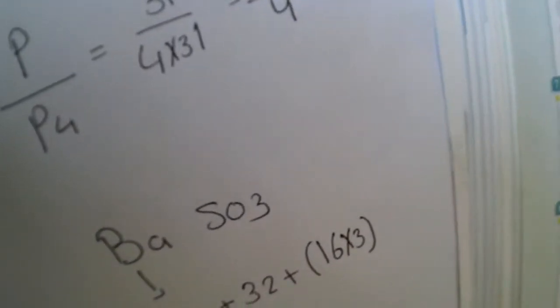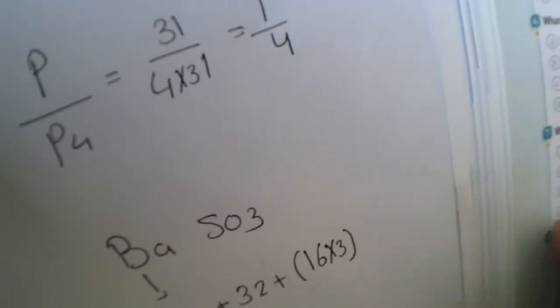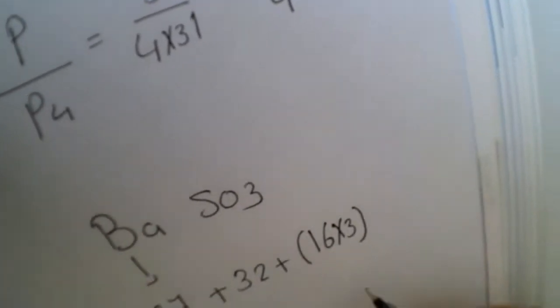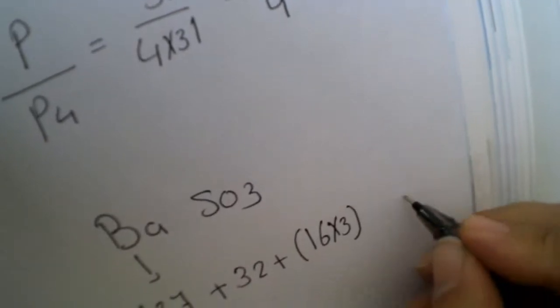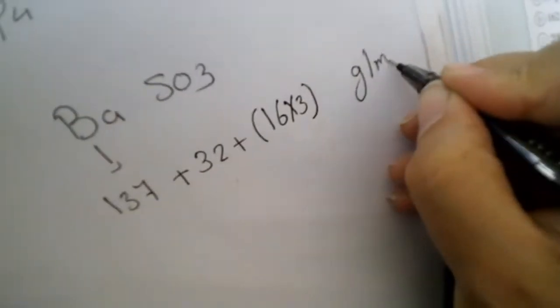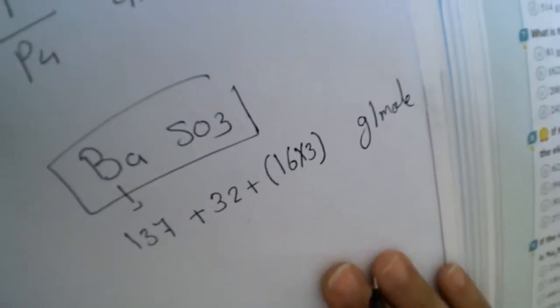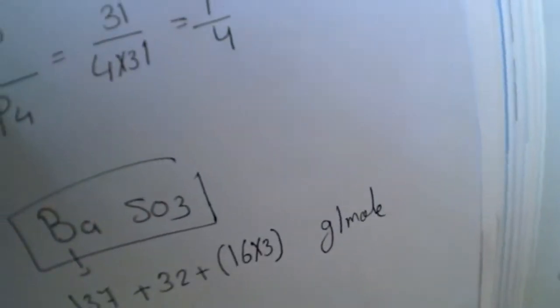The total molar mass we calculated and find it in gram per mole. This is the total molar mass for the barium sulfide.